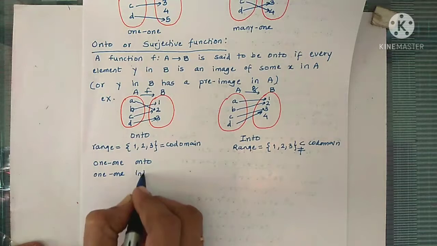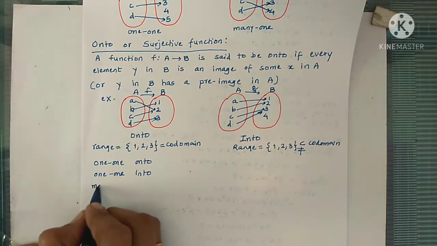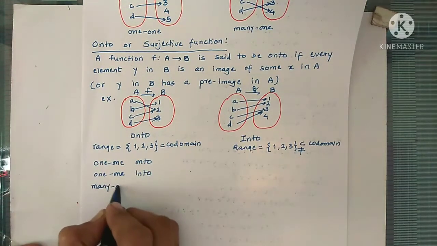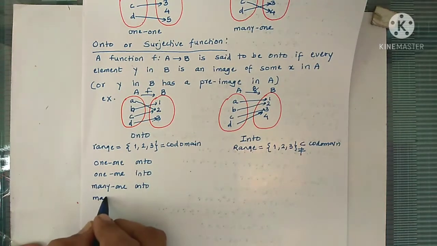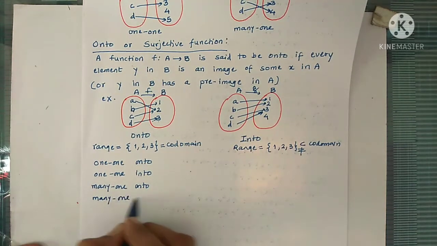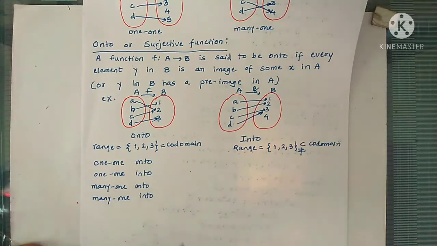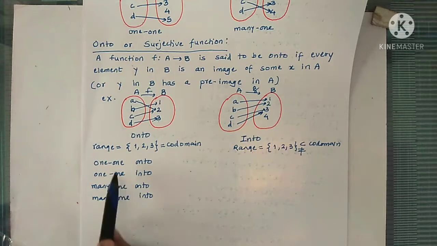One-one into function, then many-one onto and many-one into. So if you consider any function, then that function is either one-one onto, one-one into, many-one onto or many-one into.